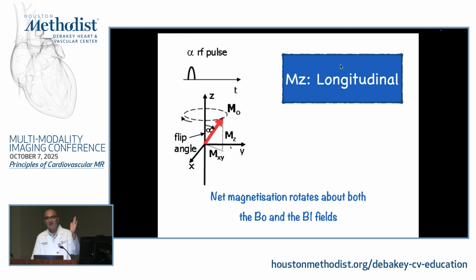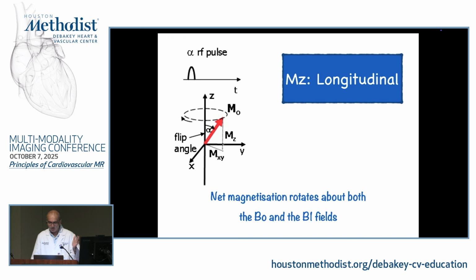But once I apply a radio frequency wave that causes it to tip over a little bit, now some of my magnetization has been transferred from the longitudinal plane, the upright plane, to the transverse plane. Now if I do a 90-degree tip, then I have 100% of the transfer of magnetization. So whatever magnetization I had in the longitudinal plane, all of that goes into the transverse plane or the horizontal plane. If I do a 45-degree, then it's a percentage of that, all right?